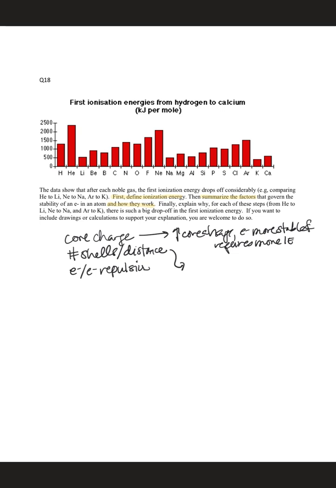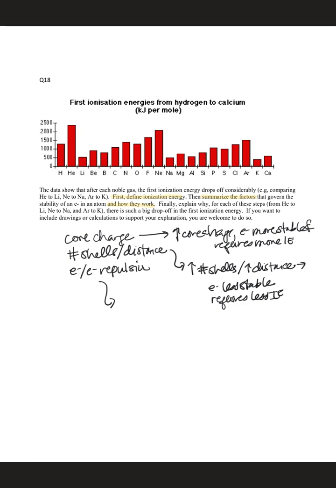For the number of shells, I was looking for: increased number of shells or increased distance makes the electron less stable and therefore requires less ionization energy. Most people got those two, or one of them, very clearly.